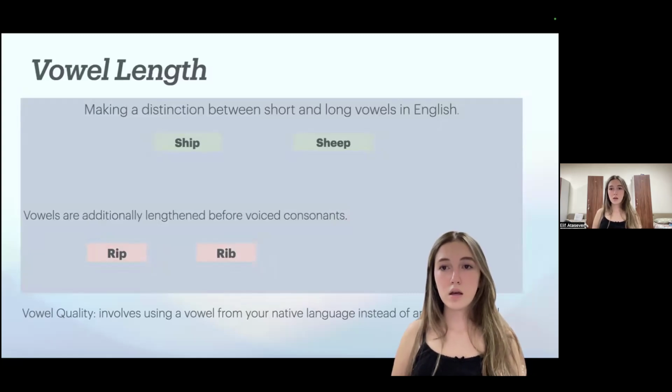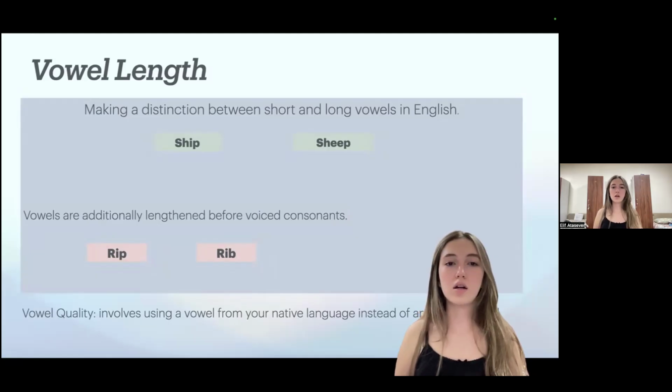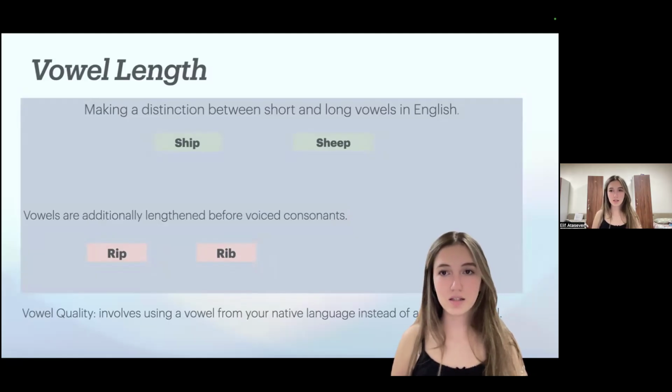It makes a distinction between short and long vowels in English. And the contrast is very meaningful. For example, we have two words right here. The first one pronounced like ship, and the other one pronounced like sheep.